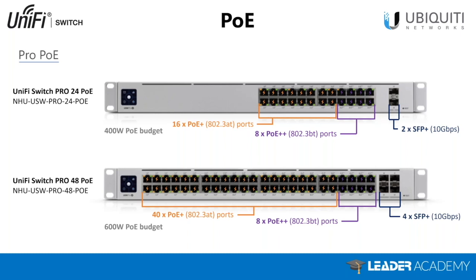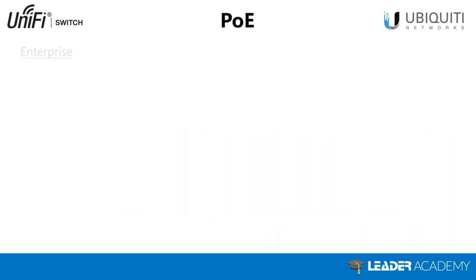And then the standard 2, they've upgraded from SFP to SFP Plus ports, offering 10 gigabit throughput there as well. And then the same again on the 48 port. The first 40 ports are PoE Plus, and then the last 8 are PoE Plus Plus. There's also a higher wattage, and we'll go through a little bit of reason why they've upped that one there as well for the PoE throughput.